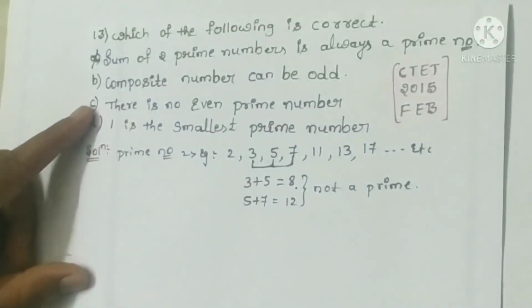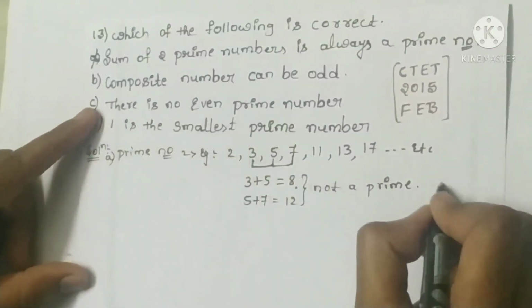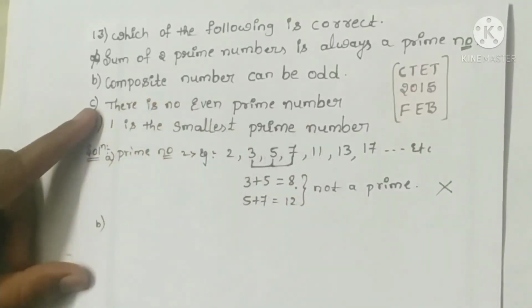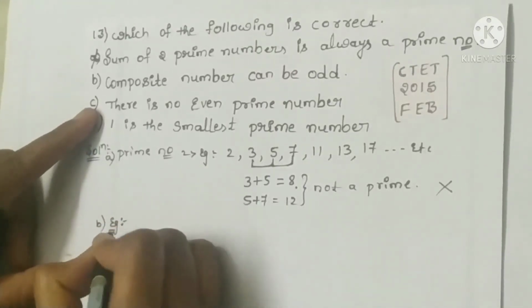Now option B. What option B says is composite number can be odd. Here, composite numbers mean all non-prime numbers are called composite numbers. I will give some examples for composite numbers.